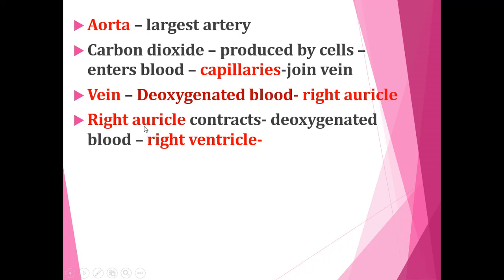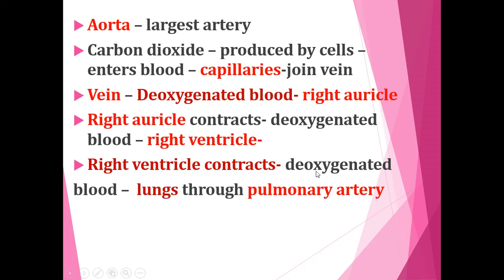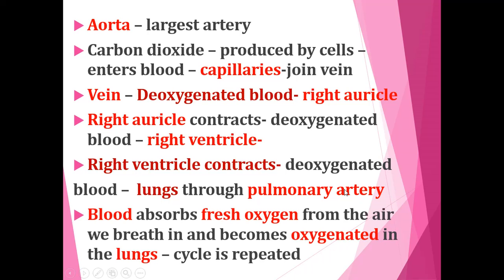When the right auricle contracts, deoxygenated blood passes into the right ventricle, and when the right ventricle contracts, the deoxygenated blood goes to the lungs through the pulmonary artery. So this is the blood circulation which occurs in the heart.